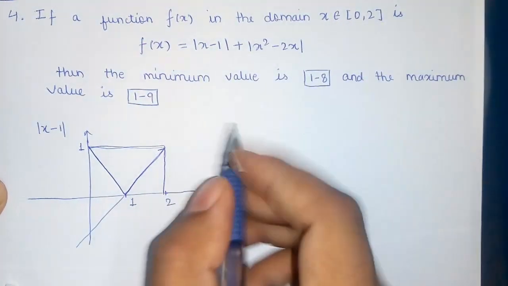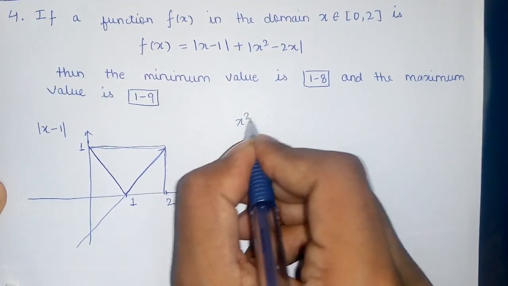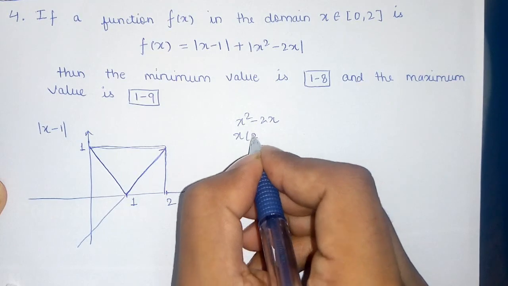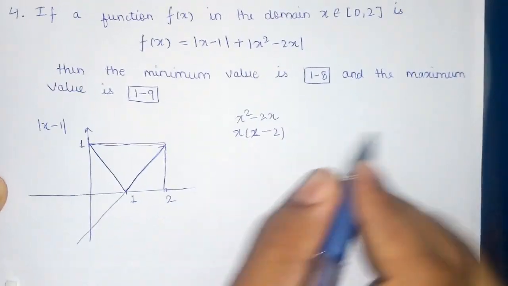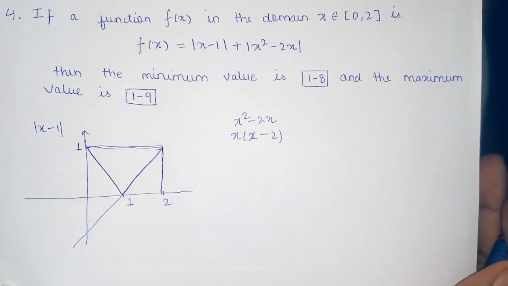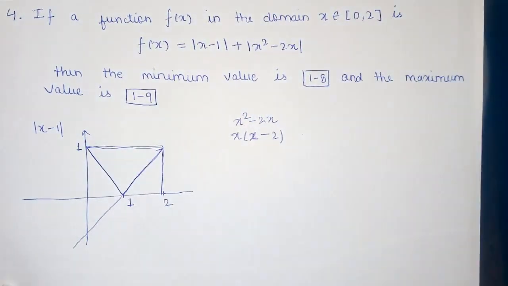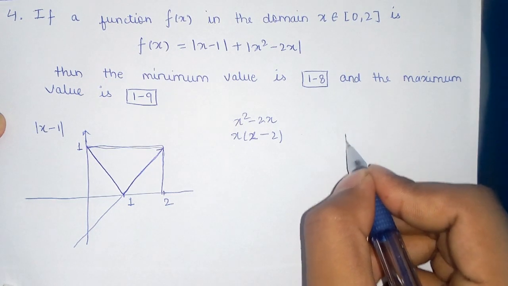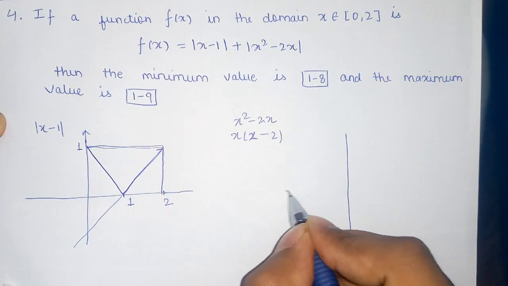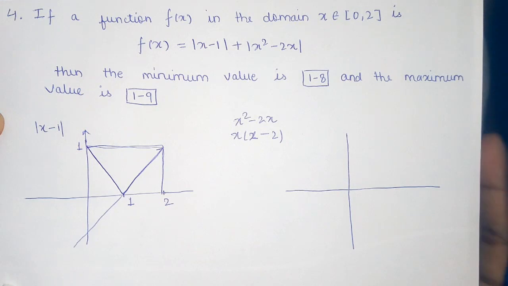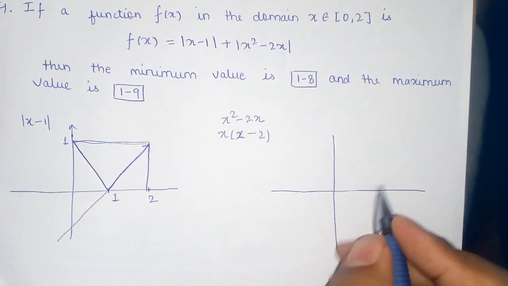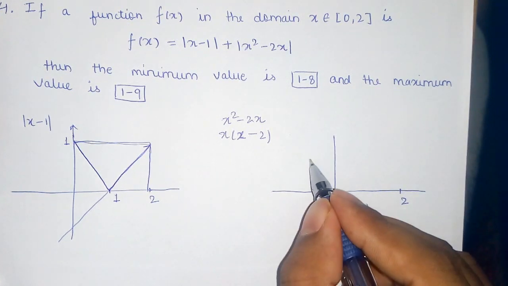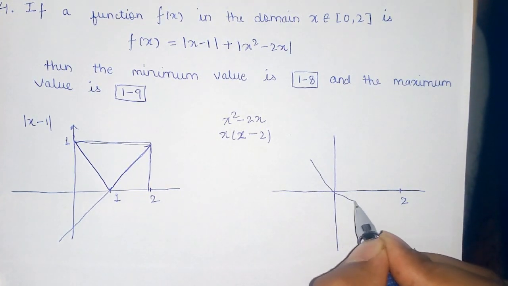And let's see what is x squared minus 2x. This is a parabola which has roots at x equals 0 and x equals 2. So if we draw this, the parabola is something like this.